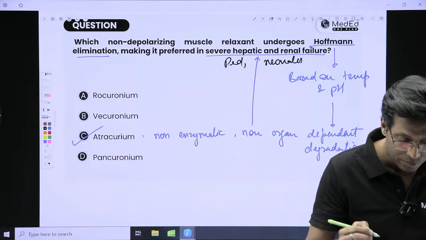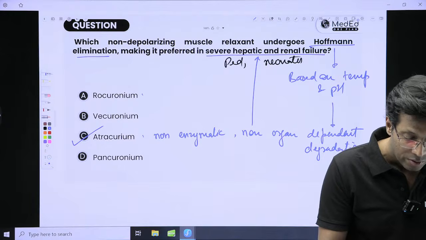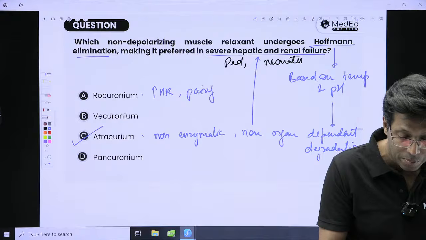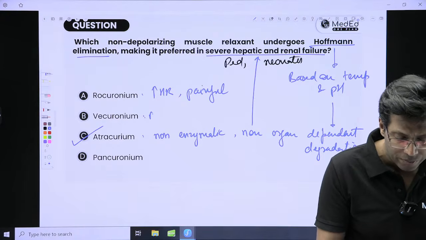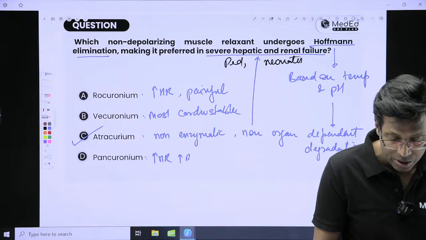Same reason. All right. Remember, rocuronium is a drug which increases the heart rate. It's a painful injection. Vecuronium is the most cardiostable. Pancuronium increases heart rate and blood pressure.